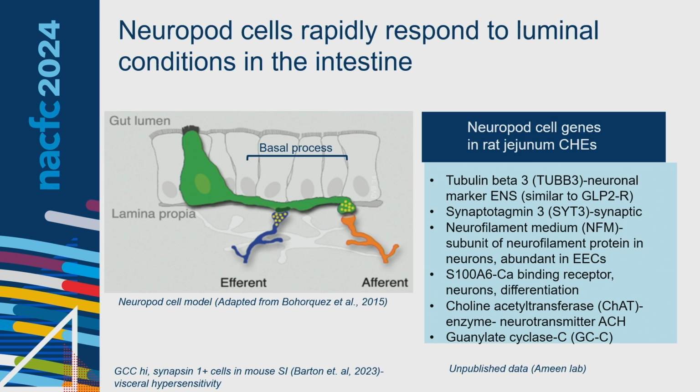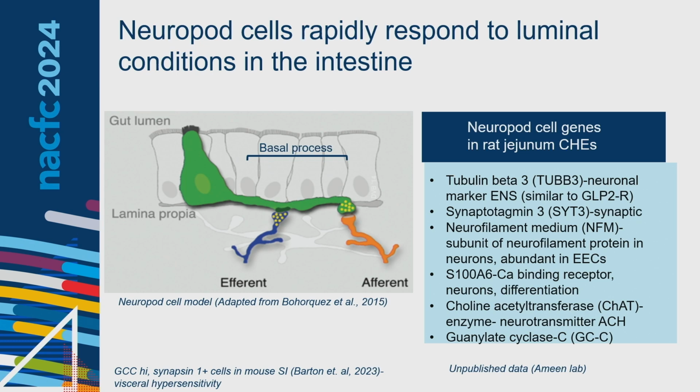So these neuropods contain a lot of different components to allow this rapid transmission. And we looked back at our single cell data, and indeed we found a number of genes that are present in neuropod cells, including tubulin beta 3, which is a neuronal marker for the ENS. The GLP2 receptor was found also in TUBB3 positive neurons.